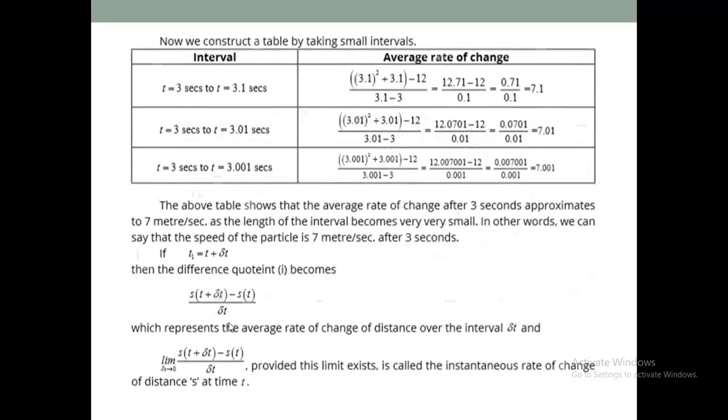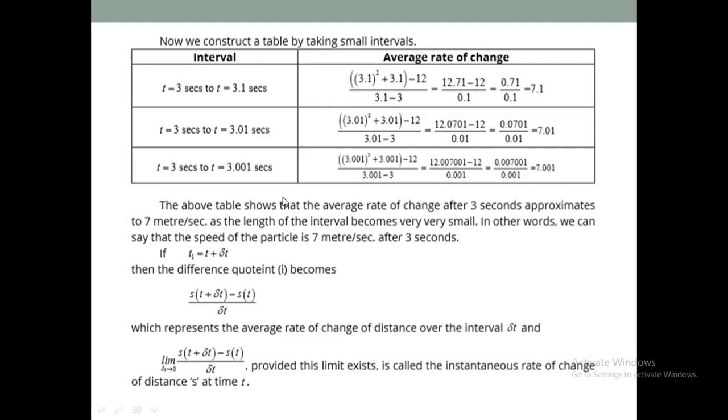Now we reduce the interval. Now the interval is 3 to 3.5 seconds. We take 3.1 and 3, and then we change the interval from 3 to 3.01, more close values, and it gives 7.01, and then even closer, 3 and 3.001, it gives 7.001.